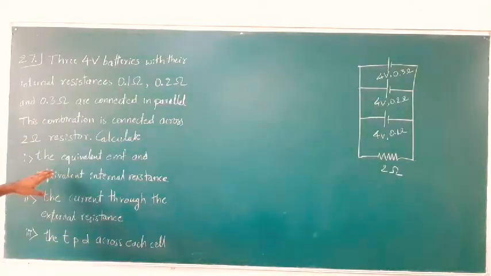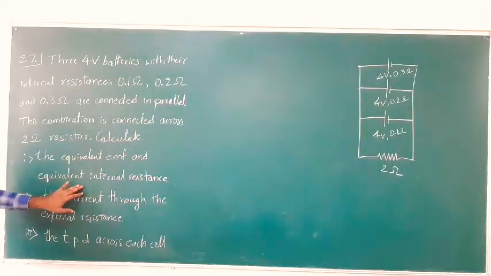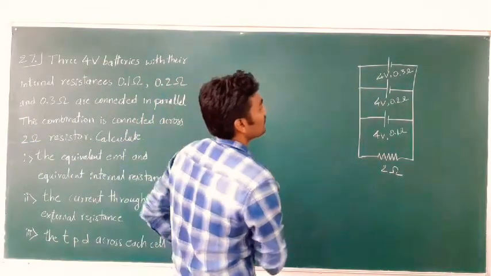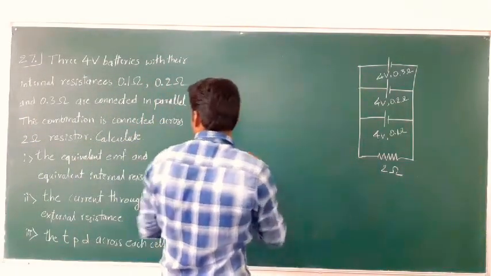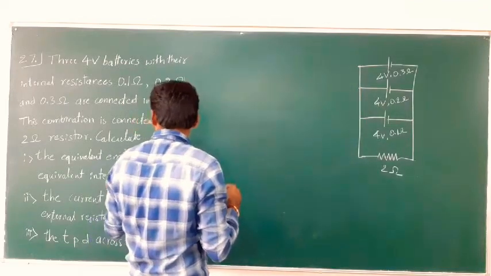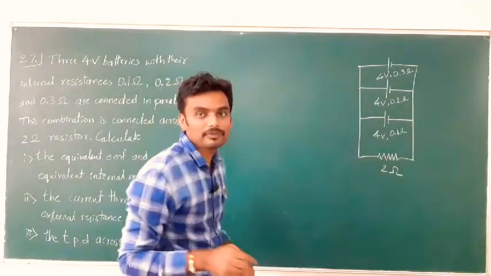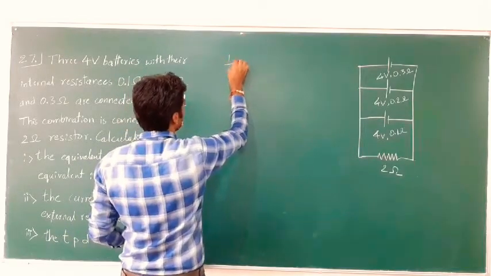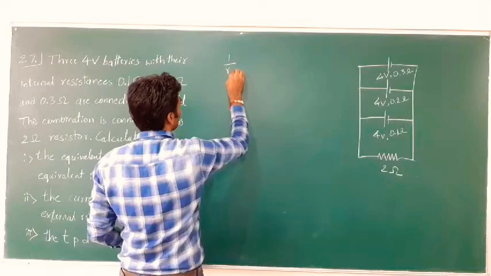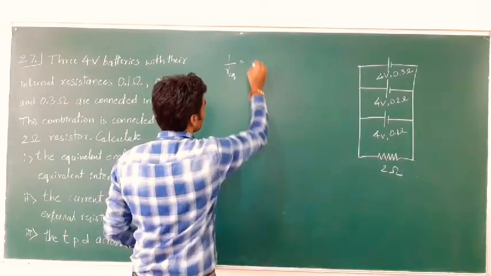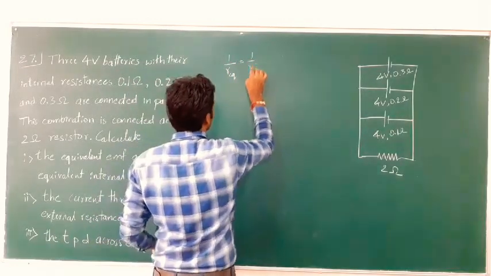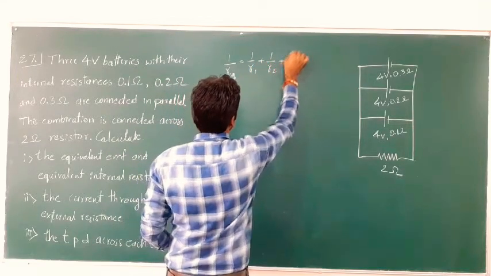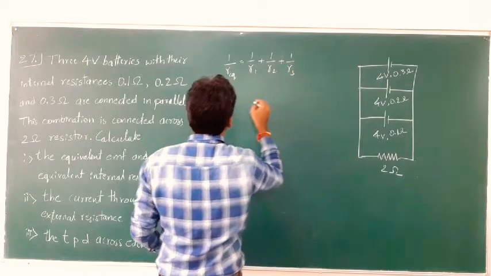Now what do we need to calculate? The equivalent EMF and equivalent internal resistance have to be calculated first. Let me work out the equivalent internal resistance first, then I'll take the equivalent EMF. The same formula that we know: 1 by R equivalent is equal to 1 by R1 plus 1 by R2 plus 1 by R3.